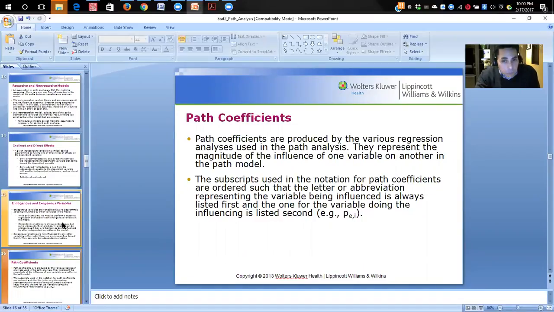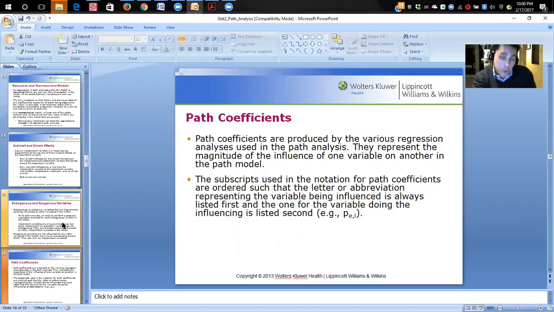The subscript used in the notation for path coefficients are ordered in such a way that the letter or the abbreviation representing the variable is always listed first, such as P, and then you have your E followed by I. So that's the mathematical expression of path coefficient.